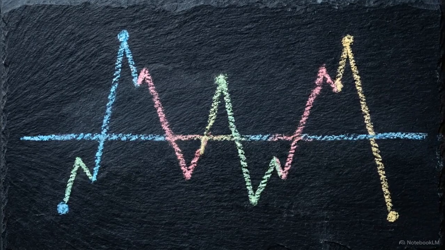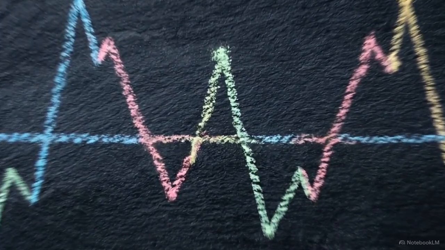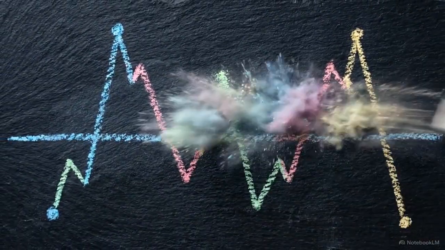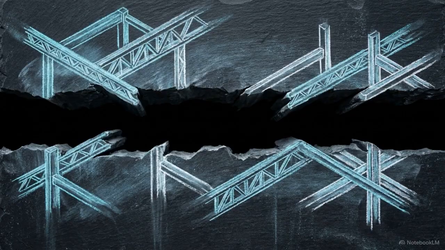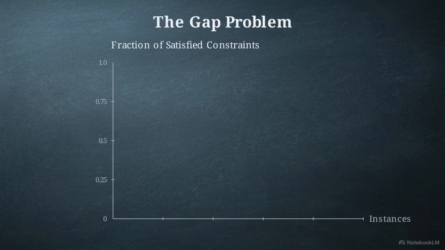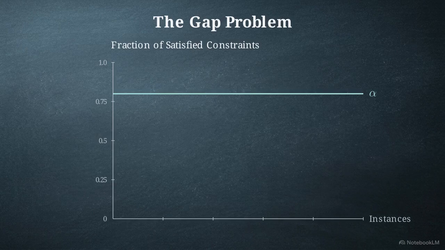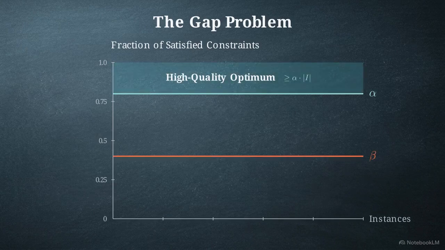To solve this mapping issue, theorists had to discard the idea of continuous quality metrics and create a shattered space. They engineered a specific structural solution, the gap-producing reduction. This animated diagram shows how a gap problem is constructed. We first establish a rigorous upper threshold, alpha, marking instances with a high-quality optimum.